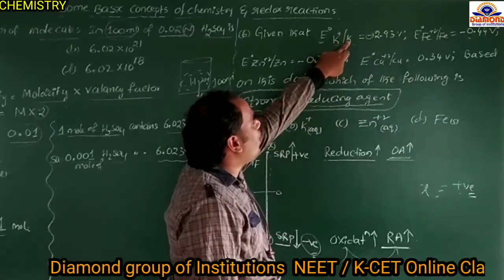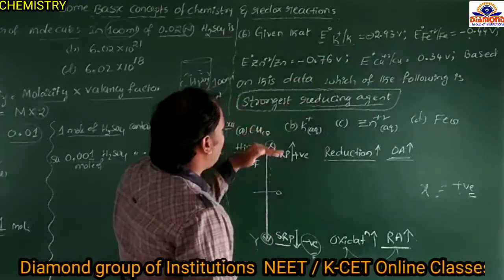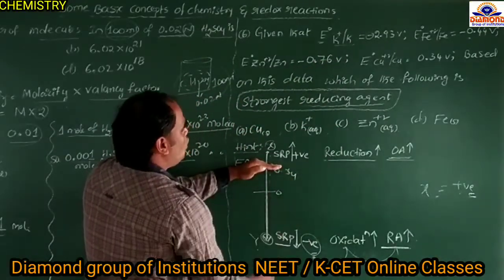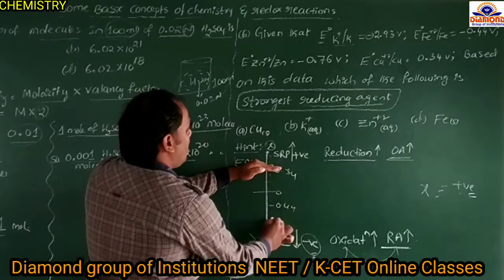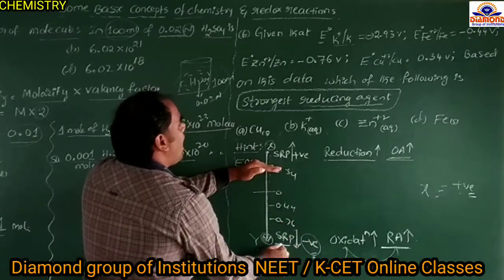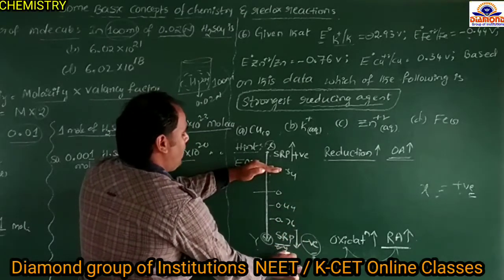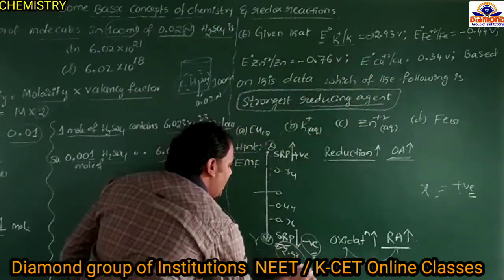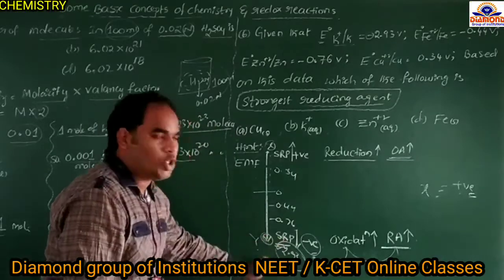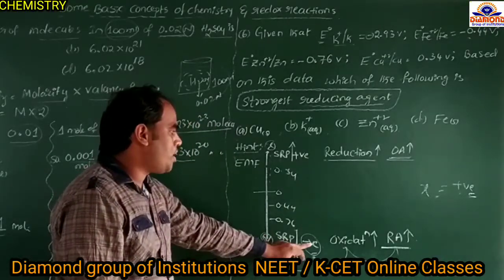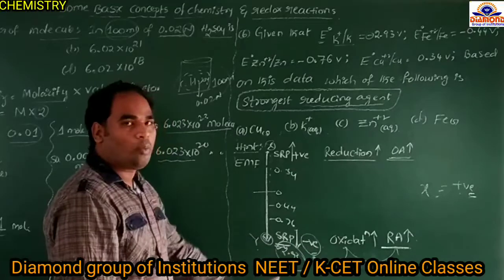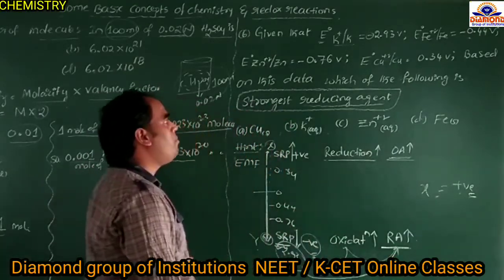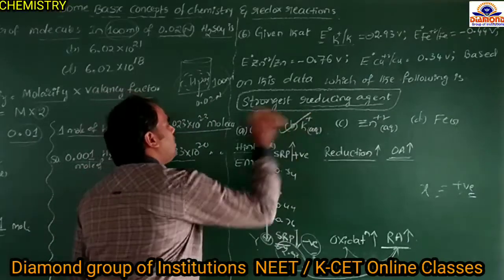So in the EMF series: first 0.34, next minus 0.44, minus 0.76 volts, and last minus 2.93 volts. Minus 2.93 is the lowest value, so its standard reduction potential is very, very low. Therefore it acts as the best reducing agent. Therefore, B is the answer.